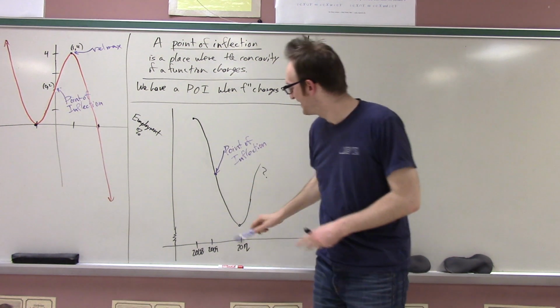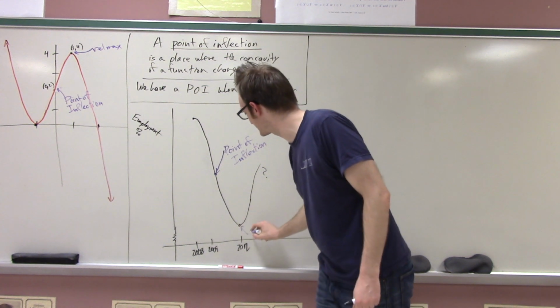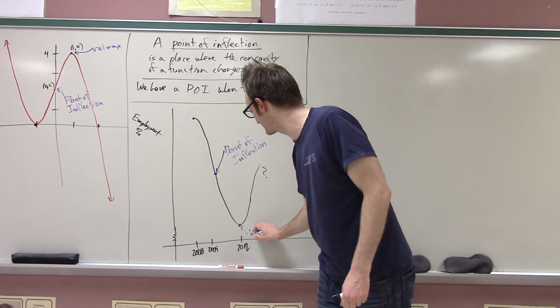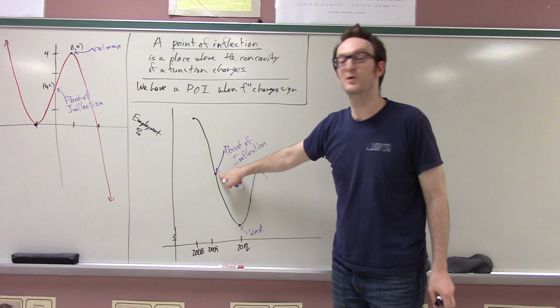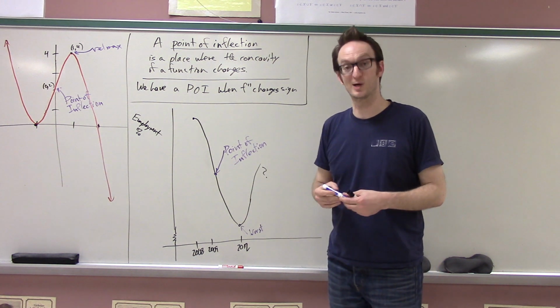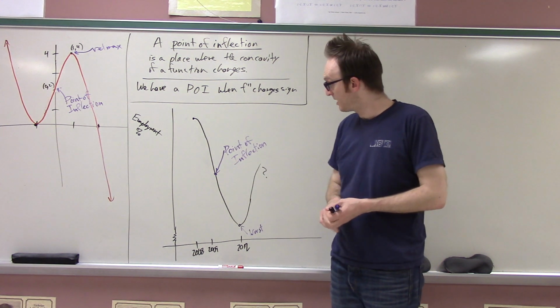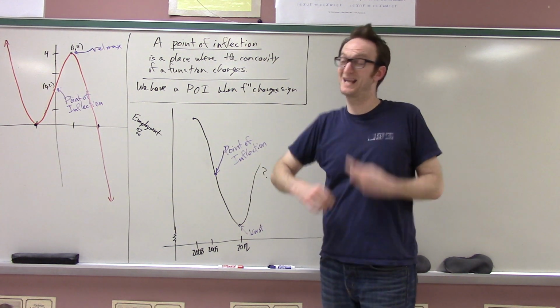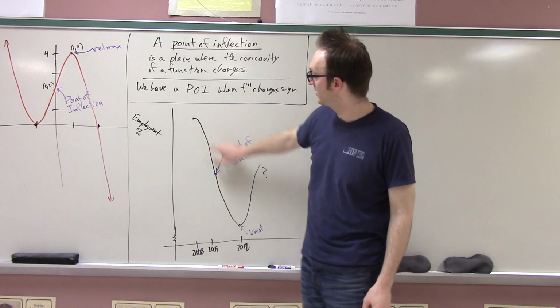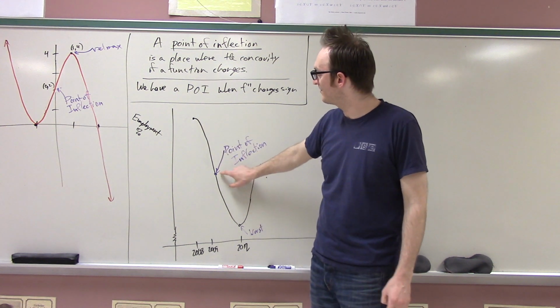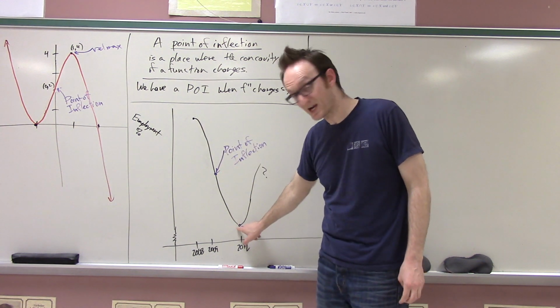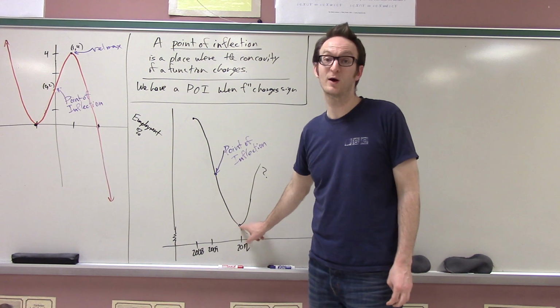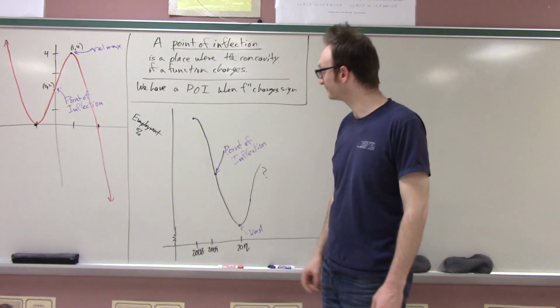This is the worst place. This is the place where the rate at which things are getting worse starts getting better. And this is the point that economists care about, because when there's a point of inflection in some economic indicator, that means that the actual minimum is not too far away, and then things can start getting better.